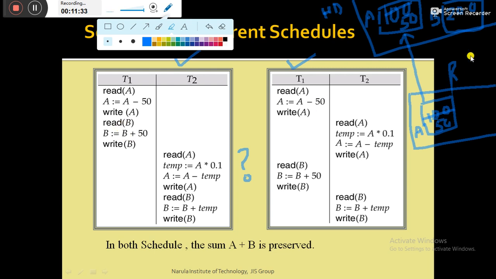Next, read B means it will be over here. So this is B. The value is 200. Then B equals B plus 50, means the value which is debited from A is credited to B, so it becomes 250.